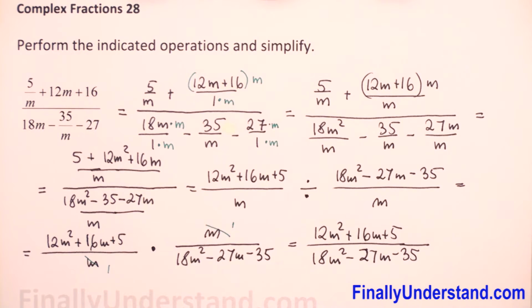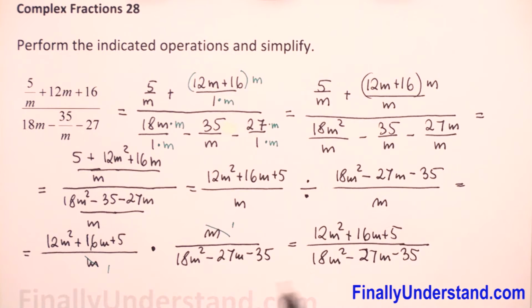Next, we have to check if we can factorize. In the numerator and denominator, we have a quadratic trinomial. So we can try to factorize using the grouping method.